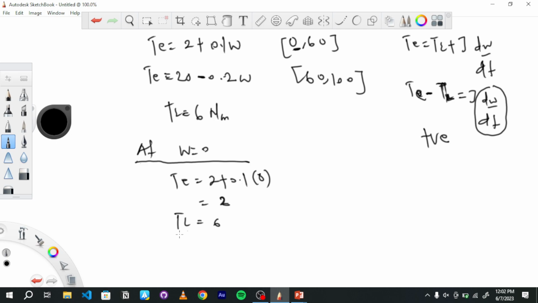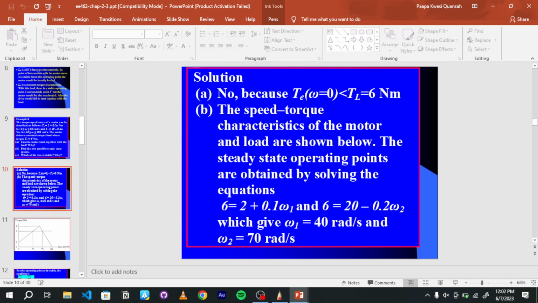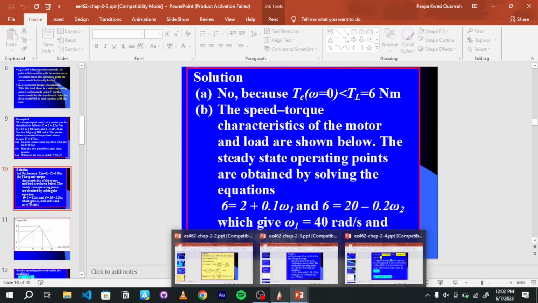At starting, you can see that TE is less than TL. But we said for it to be able to start, TE must be bigger than TL, and here it is not so. So they can't start together, because TE is less than TL.